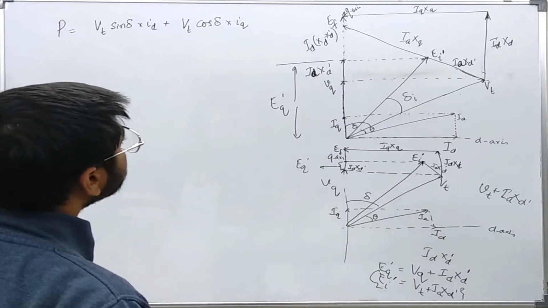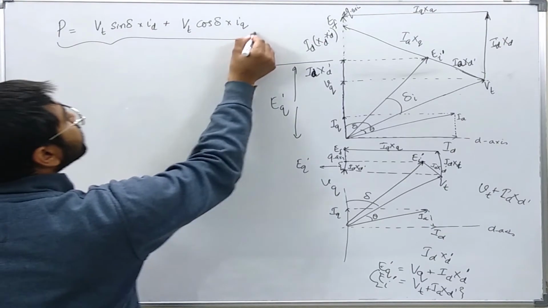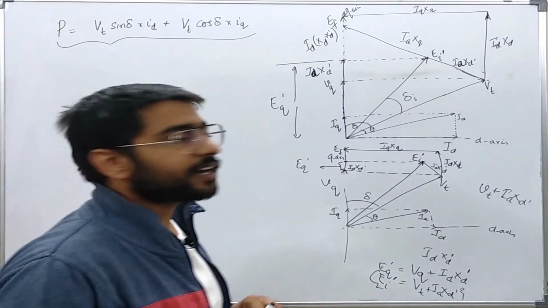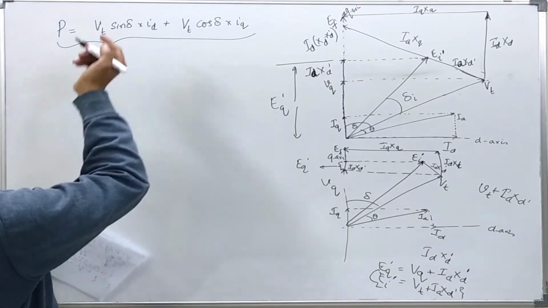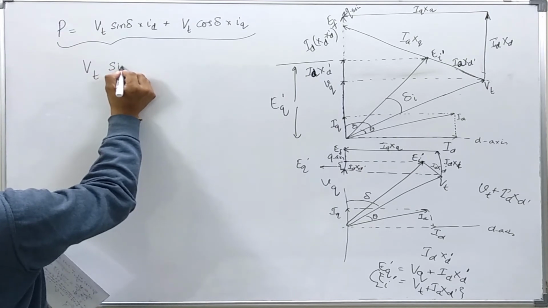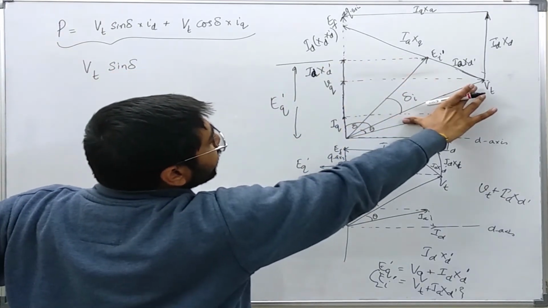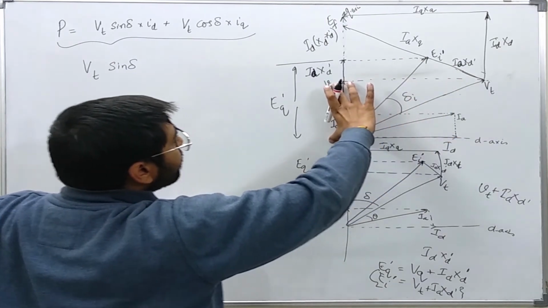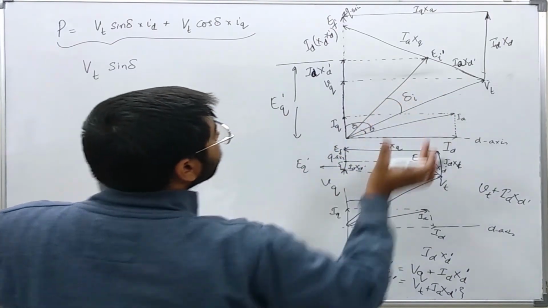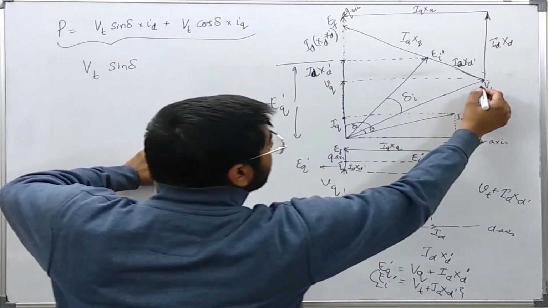This equation we might have studied during the study of the synchronous machine, the salient pole synchronous machine. So now we know that VT sine delta equal to VQ is nothing but, sorry, this is VT, so this will be VT sine delta.